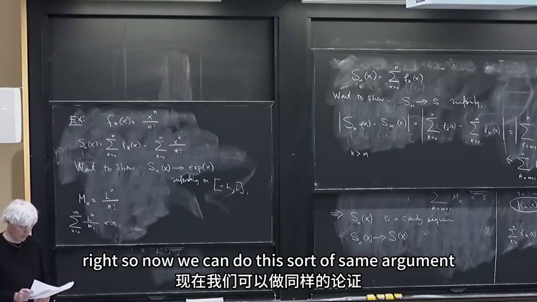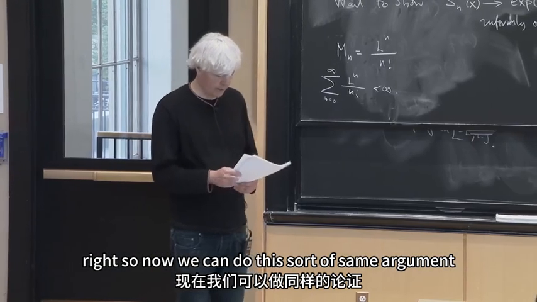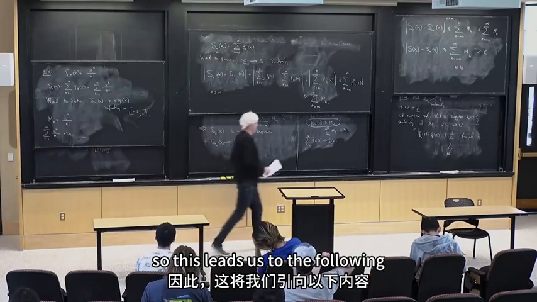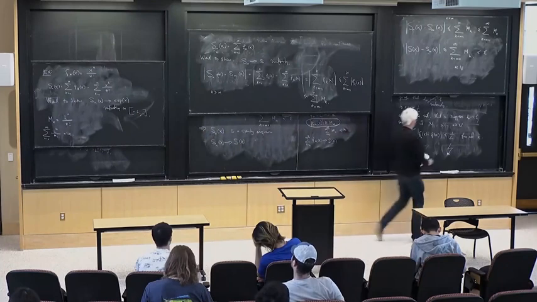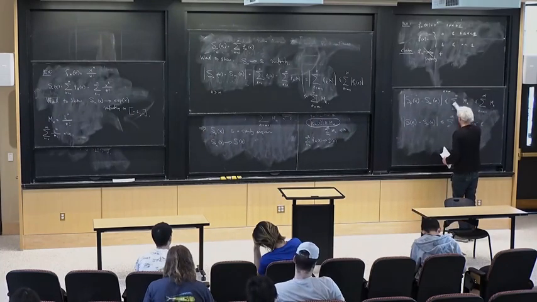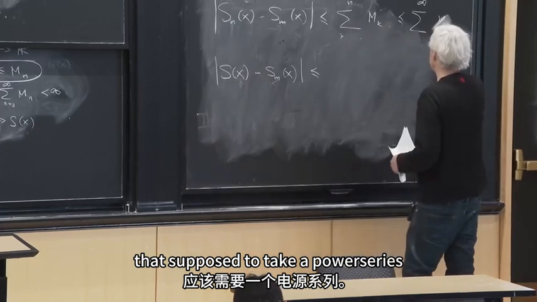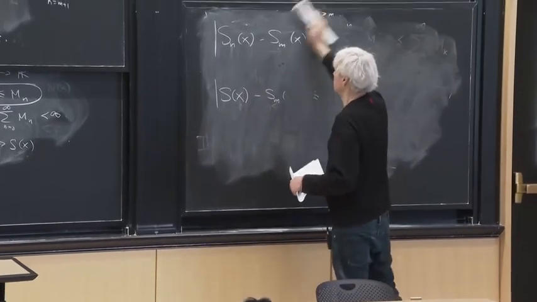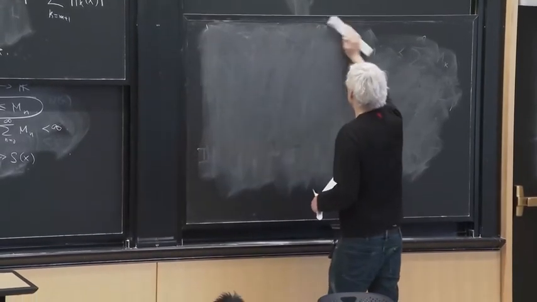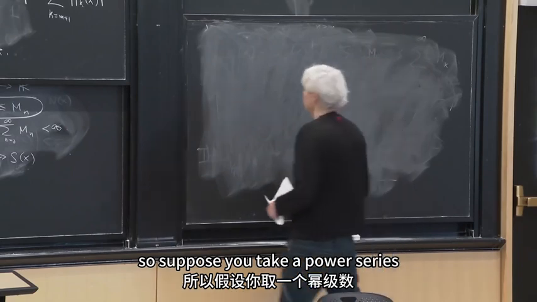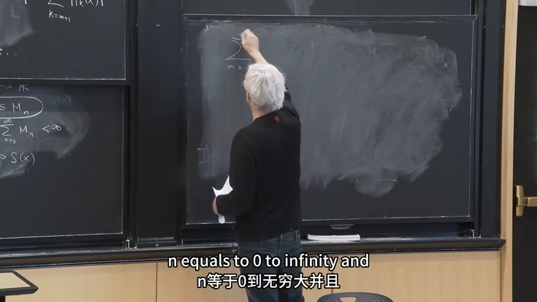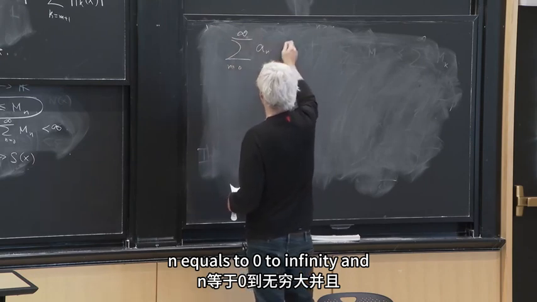Right, so now we can do this same argument more generally. So this leads us to the following. Suppose you take a power series. So you're summing here n equal to 0 to infinity, a_n x^n.